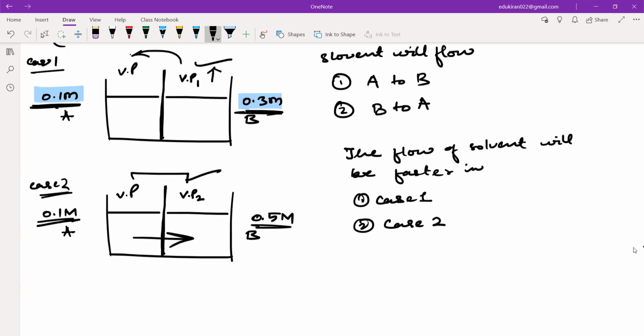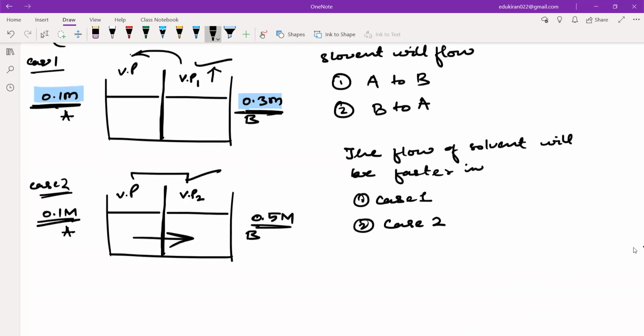Which one will be faster? बताइए कौन सा फास्ट होगा 1 या 2? 2 will be faster. Why? Because osmosis depends on the difference in concentration, and if the difference in concentration is higher, the osmosis will be faster.